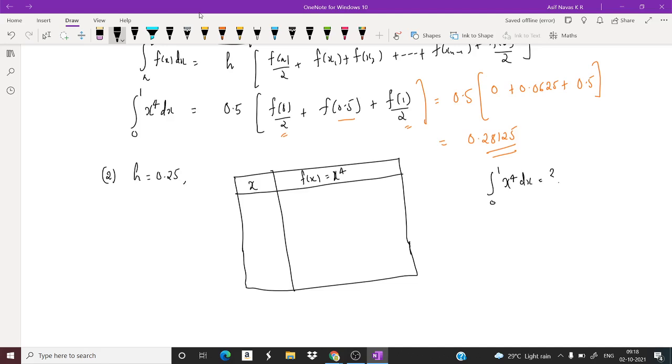The first value is 0, and 0 raised to 4 is 0. And what is the second value? Tell me. Here h is 0.25, so what is x1?